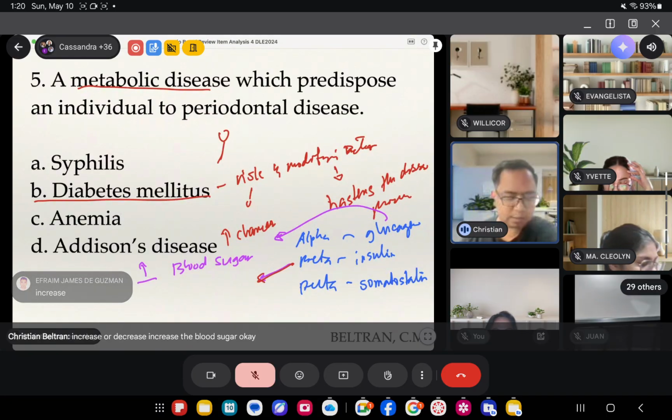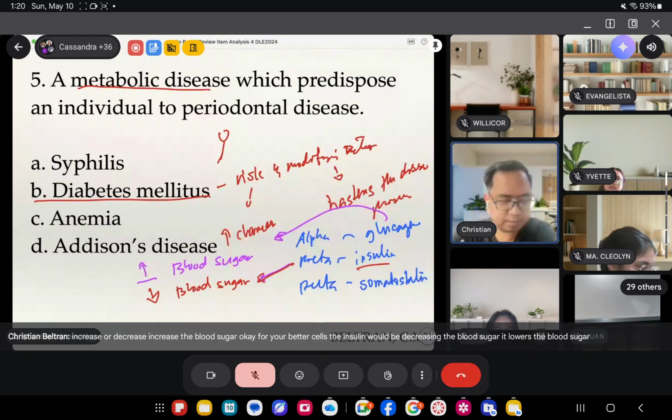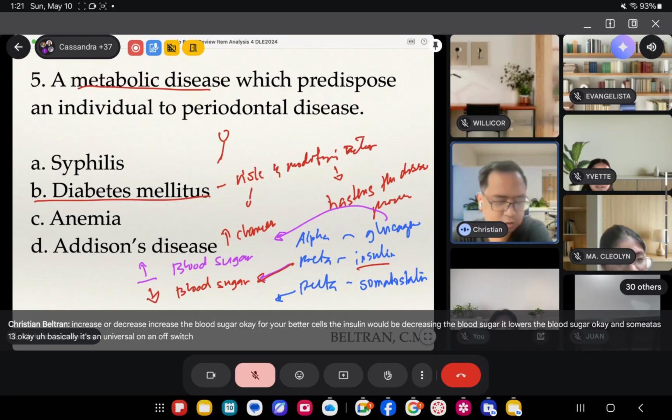For your beta cells, the insulin would be decreasing the blood sugar. It lowers the blood sugar. And somatostatin, basically, it's a universal on and off switch.